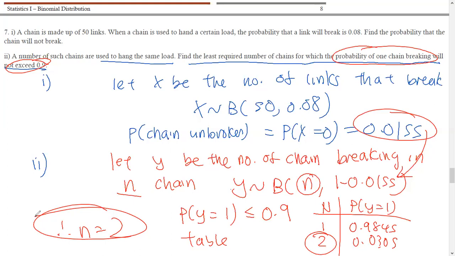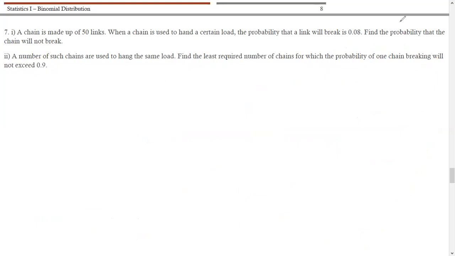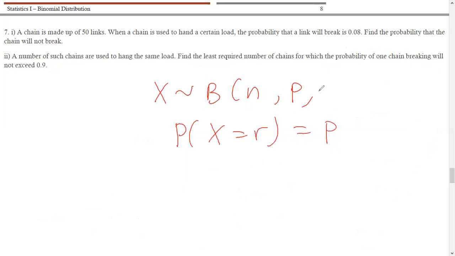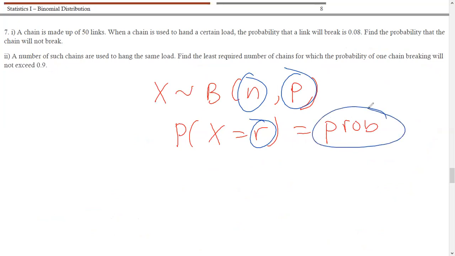For tier 1, let me give a quick recap. Binomial is usually defined this way and given by a formulation. There are a few places where the unknown can be: here, here, here, or here.